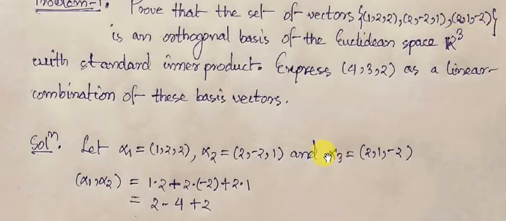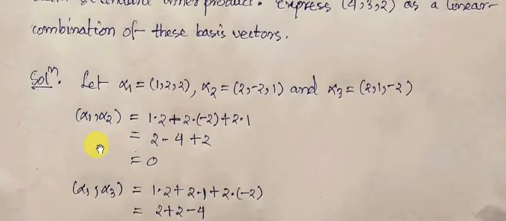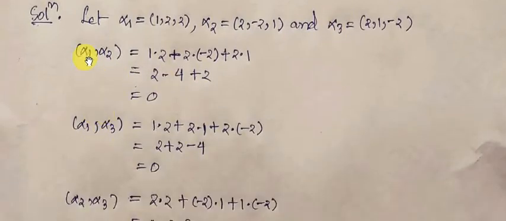Let us now calculate the inner product values of alpha 1, alpha 2; alpha 1, alpha 3; and alpha 2, alpha 3. First one, alpha 1, alpha 2.